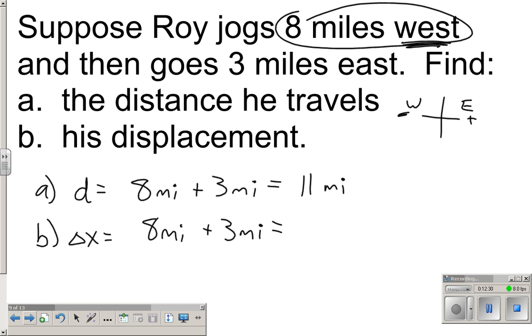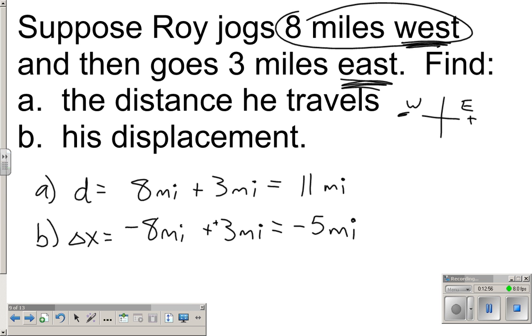So when he jogs west, the 8 miles becomes negative 8 miles. And then 3 miles east is positive. So put a little plus sign here so you remember that you took it into account. And then add those numbers up. Now you got to know how to add positives and negatives, but since this is a science class, you can use a calculator, which I strongly encourage you to do. So grab your calculator, do -8 plus 3, and it gives you -5 miles for your displacement.